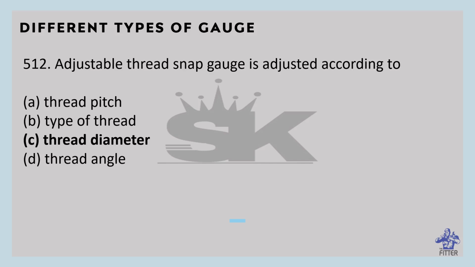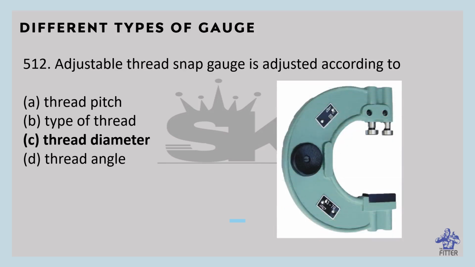You can see here in the image, this is the adjustable thread snap gauge. To adjust them, loosen the locking screws and adjust the anvils with the gauge block set in between them. It is used to check the condition and acceptability of externally threaded parts rather than smooth finished surfaces.